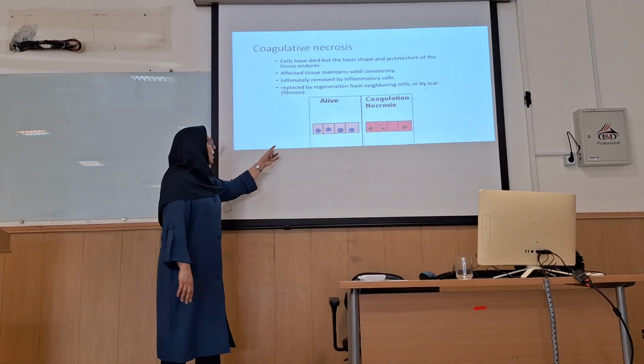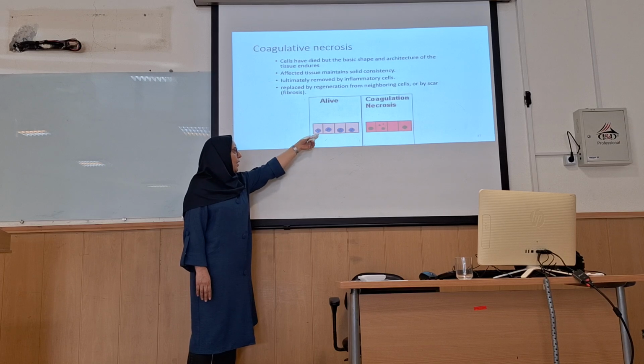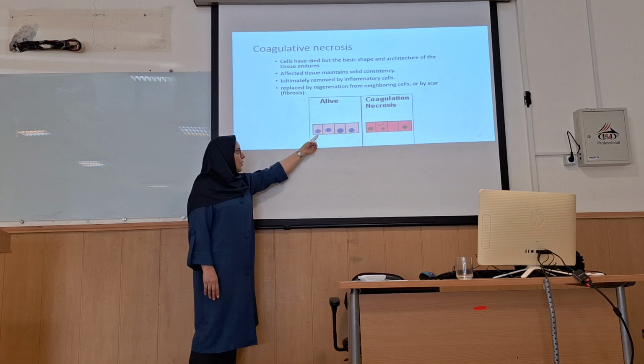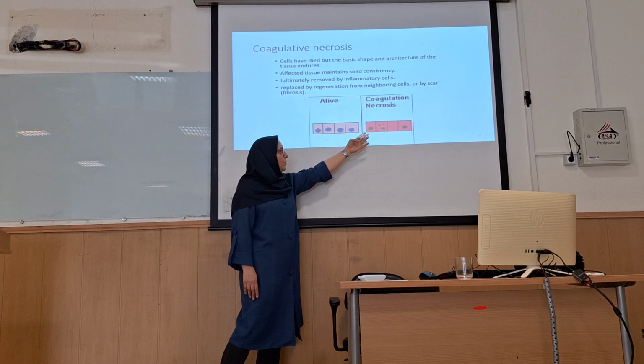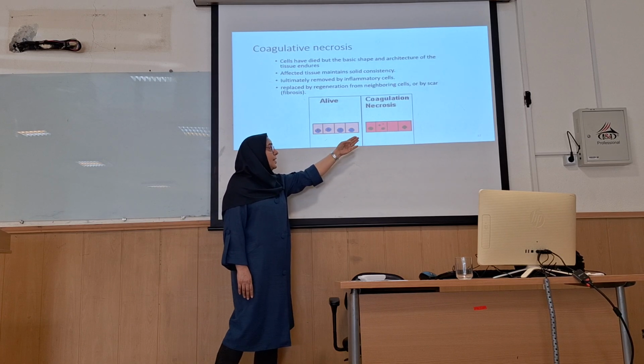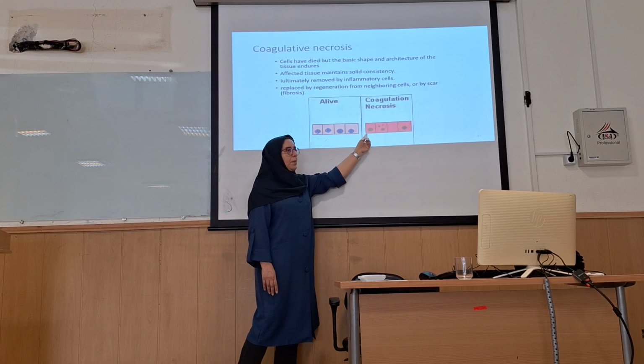In this figure, you see a live cell. The architecture is cytoplasmic membrane and nuclear material. In the necrotic cell, with loss of nuclear material and increased eosinophilia, the shape of the cell is still present.